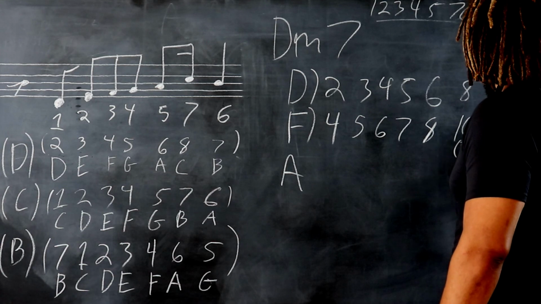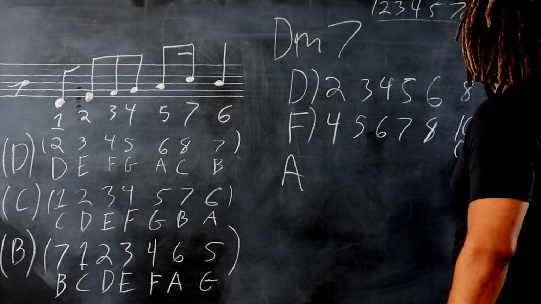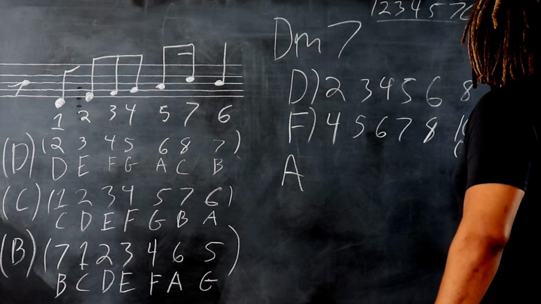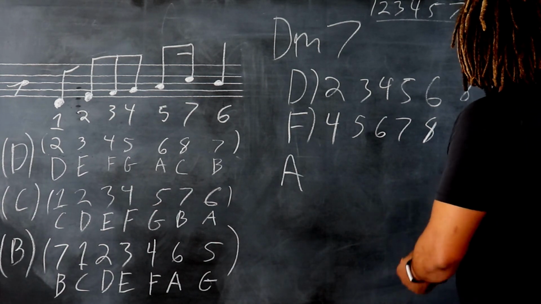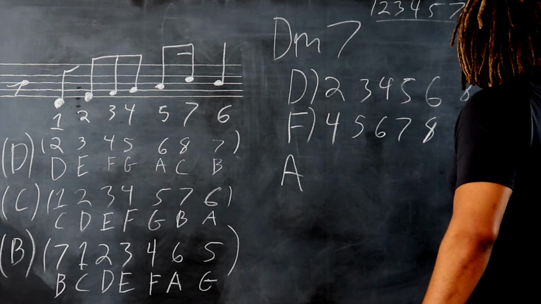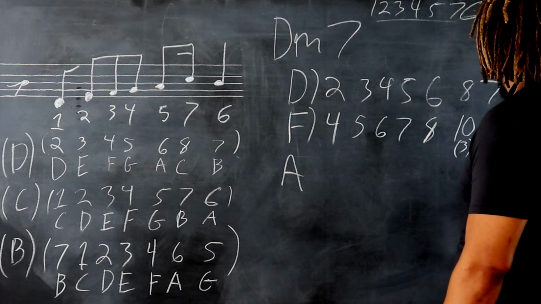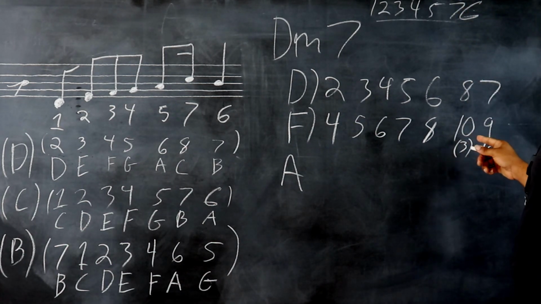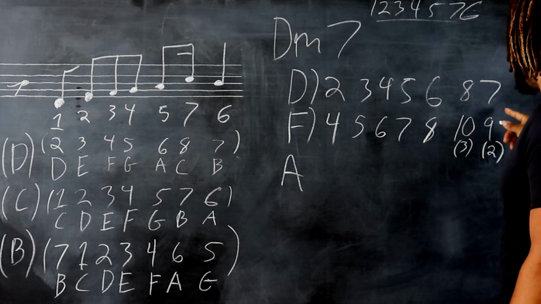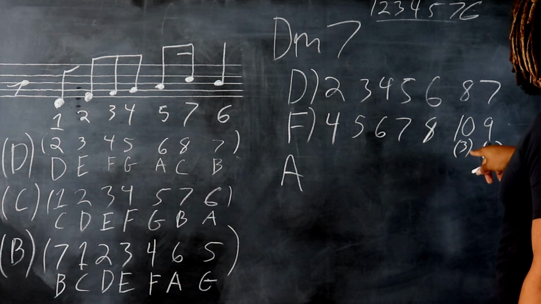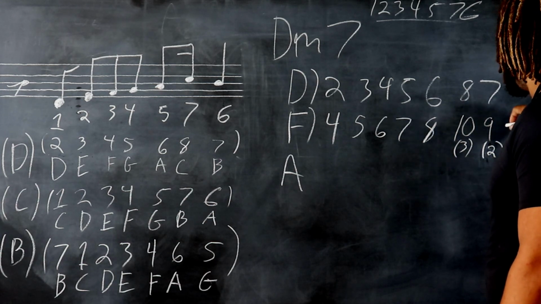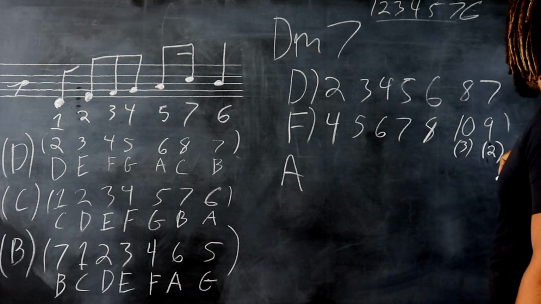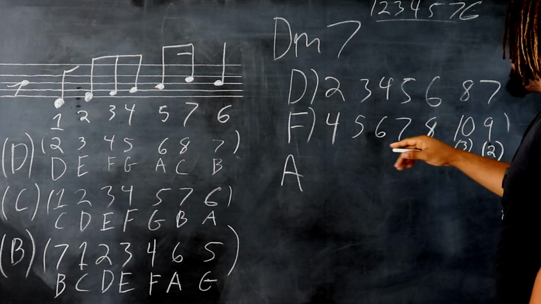And a 9, and I'll put a 2 in parentheses. Because right now, once we go up this high, we're playing in the octave range, right? So especially in jazz, we often would call that the 10 or the 9. So it's basically the octave of the 3 and the octave of the 2. So that would be our pattern for F.